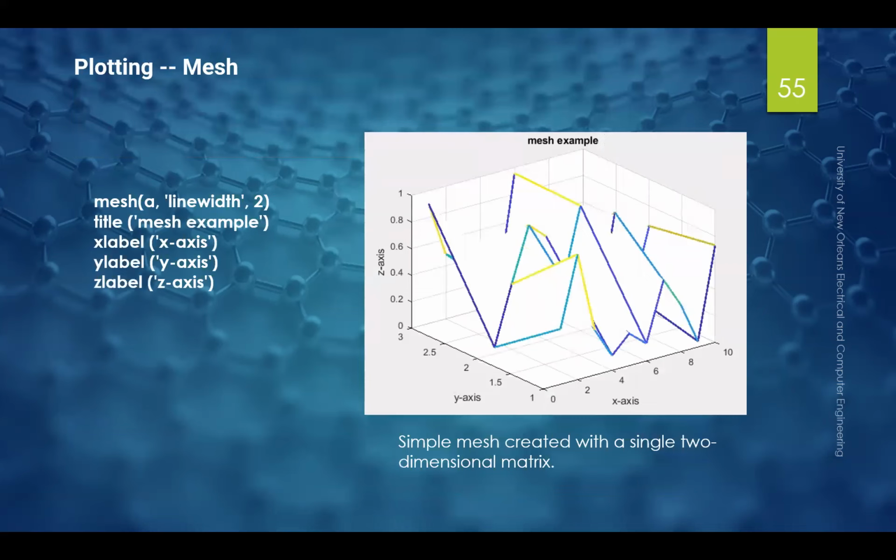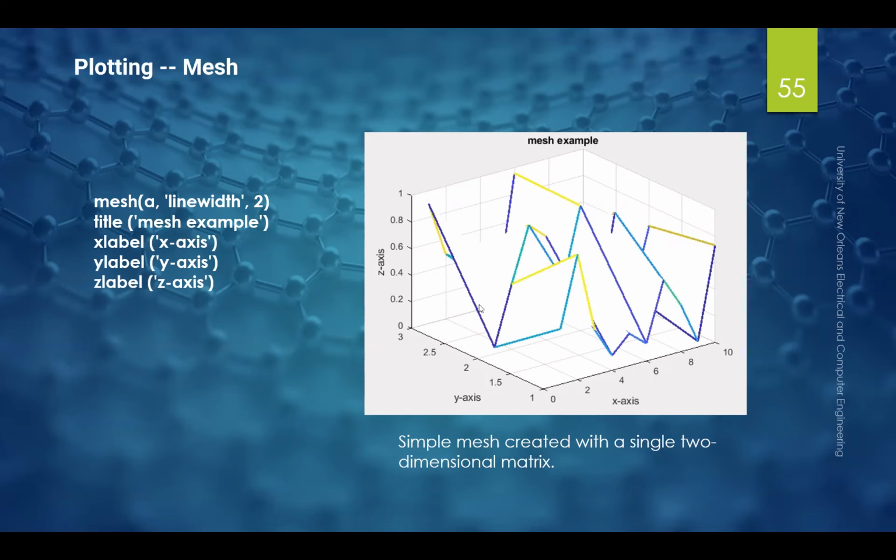Another example, in this case, again, showing you how you can also adjust the function. You can adjust the colors, you can adjust the width of the lines, you can put titles and so forth on the XY axis, and do some of the other things you do with the regular plots. Okay. In this case, again, we have a mesh like before, but this time we define the width of the lines as 2, so it's thicker than before.